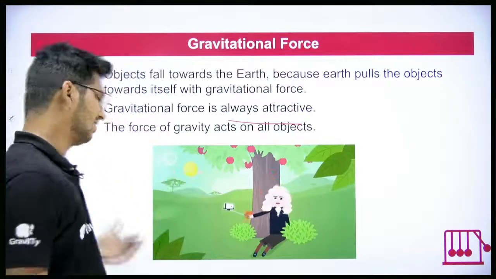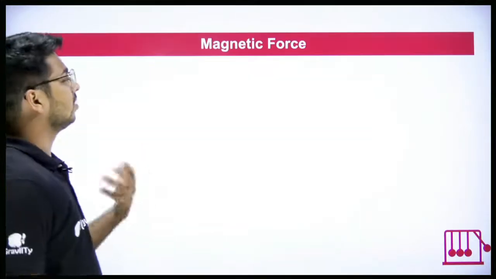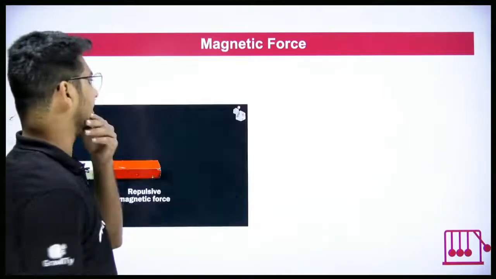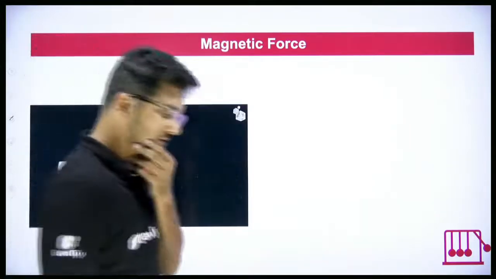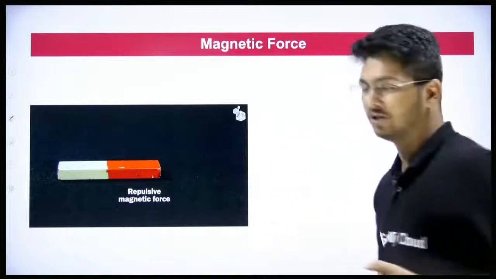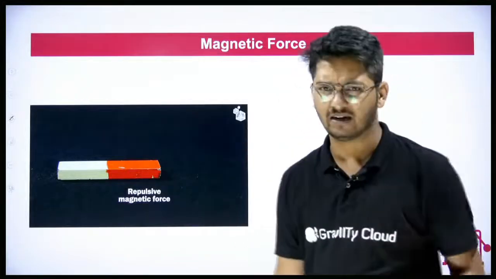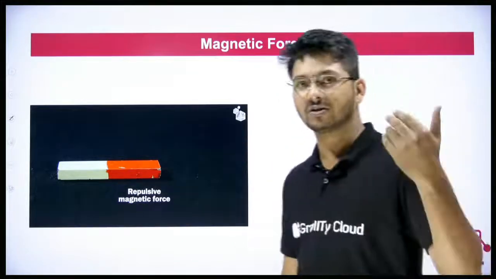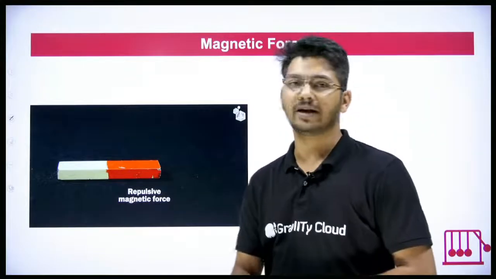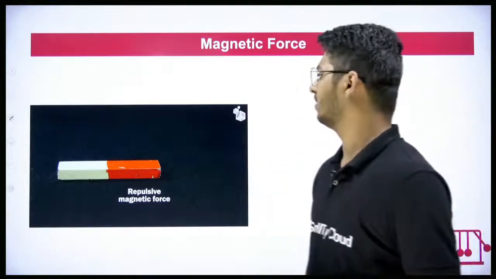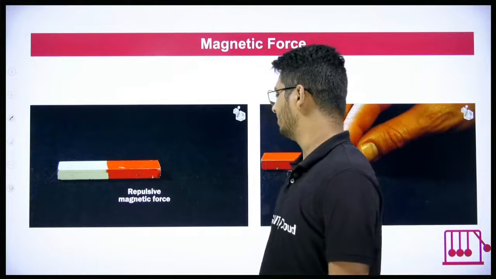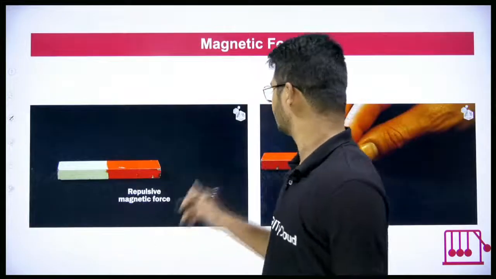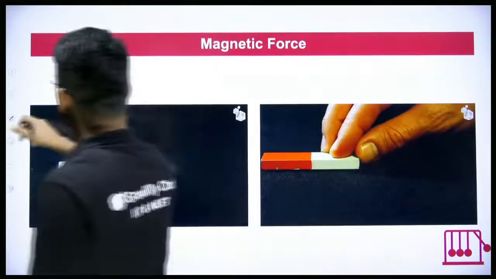Interesting, right? Okay. Then we will go into magnetic force. What is magnetic force? For that, obviously look at these videos. Magnetic force is the force between two magnets, or the force exerted by a magnet, in simple terms. So here, look at this interesting video.